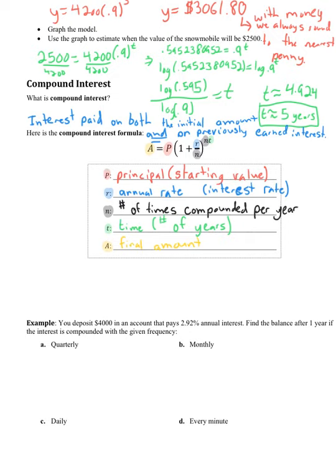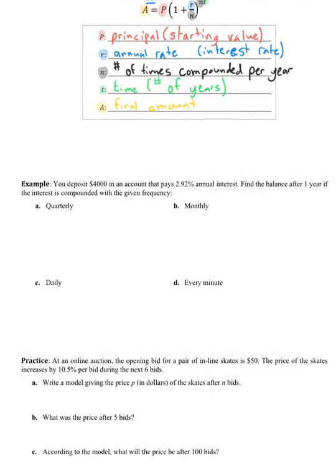So whenever you're doing a compound interest problem, you're going to know how many times it's being compounded per year. Okay. Let's take a look at an example and we'll make some sense of this equation. But it's very similar to the other one. We're just adding this N in two separate spots. Everything else is going to be the exact same.